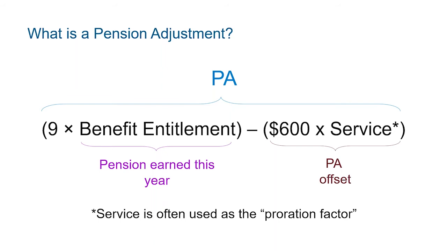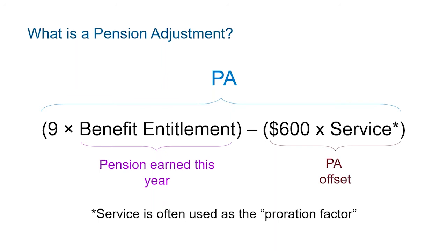The benefit entitlement represents the pension the member earned in the tax year. The 600 PA offset is also standard and acts to reduce the total PA amount, meaning it would take up less RSP room. However, the PA offset amount is typically multiplied by a proration factor. Typically, in defined benefit plans with service, the PA offset is prorated based on the service.